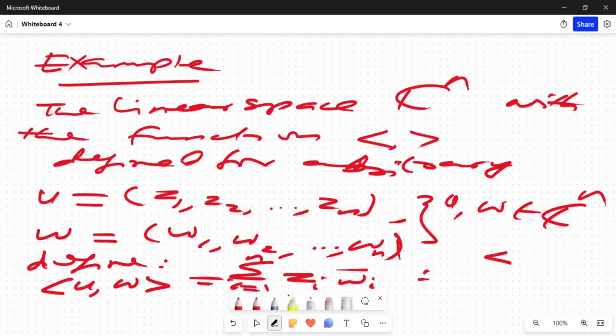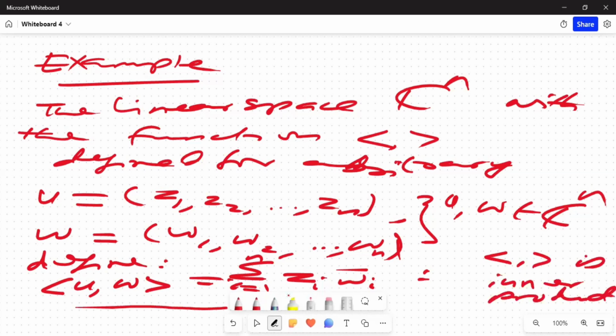So we claim that this inner product is an inner product. This function is an inner product as defined: the inner product of u, w is equal to the summation of zi wi conjugate.